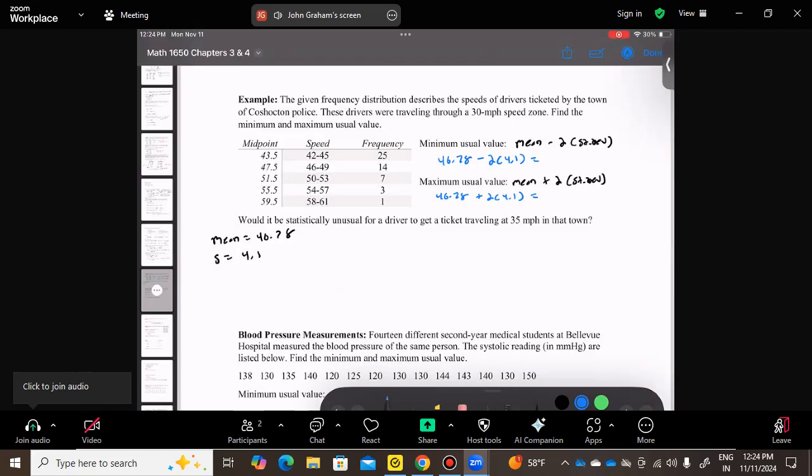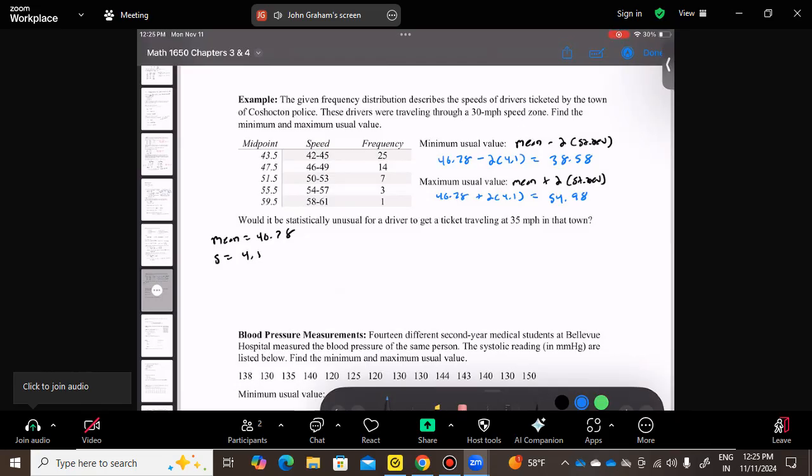This is based on usual values. So 46.78 minus 2 times 4.1 is 38.58. 46.78 plus 2 times 4.1 is 54.98.